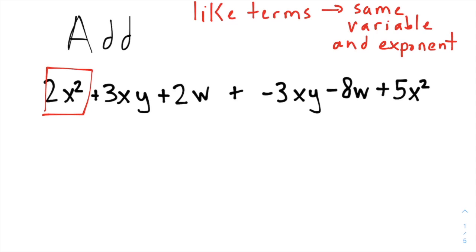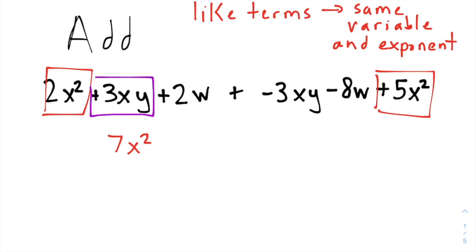So I'm looking for other terms that have an x squared, and I see one right here. So I have 2x squareds, and I'm adding 5x squareds, for a total of 7x squareds.